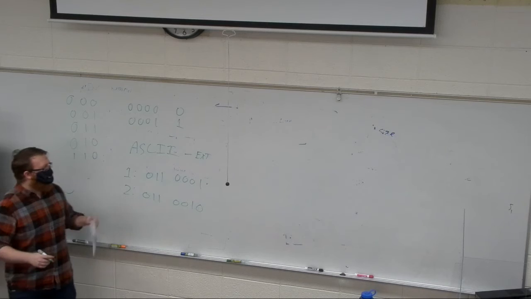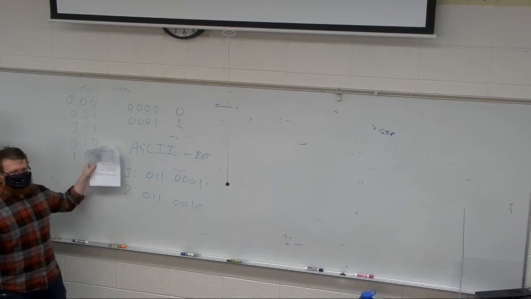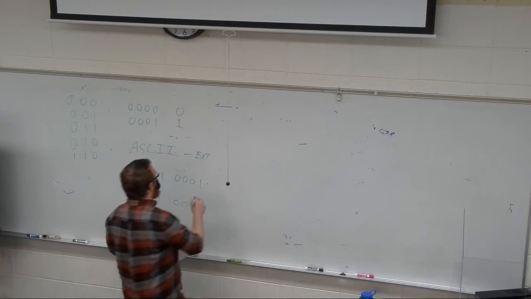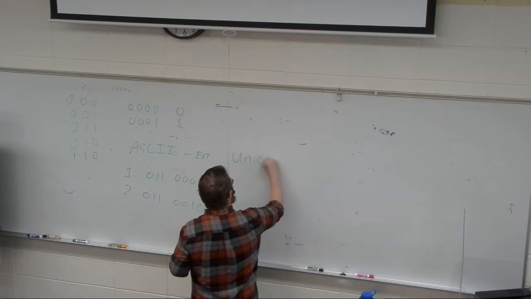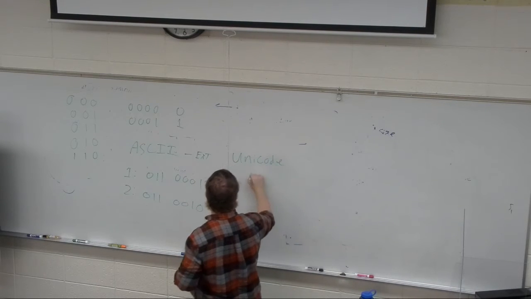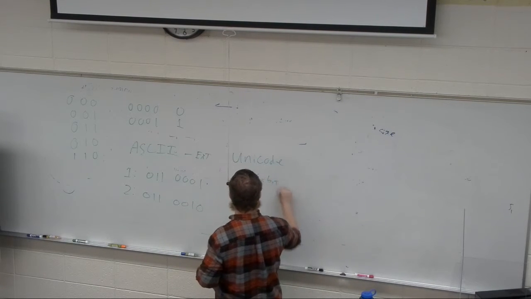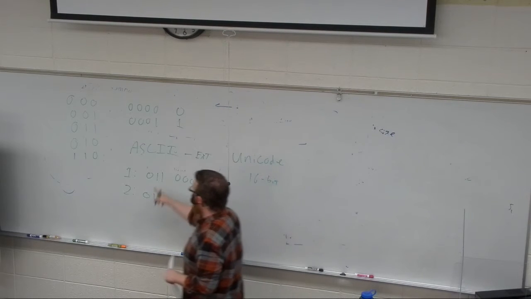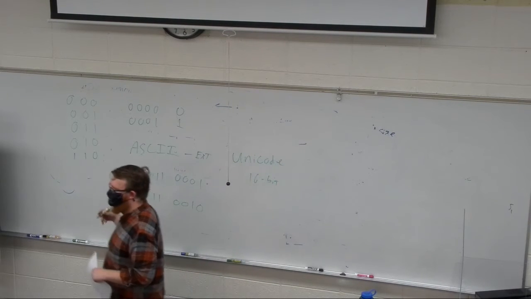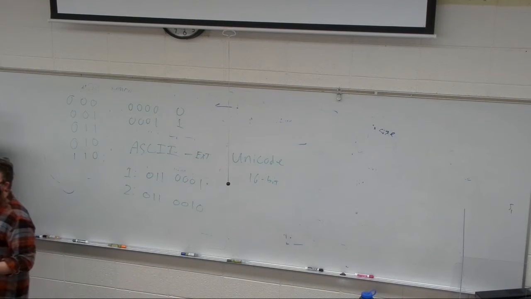The 16-bit ASCII is really called, so I guess there's 2. There's ASCII extended, and then there's Unicode. This is also 16-bit. But I think they only show the table for 7-bit ASCII just because those tables get really big when we start trying to represent all available characters that any human uses.